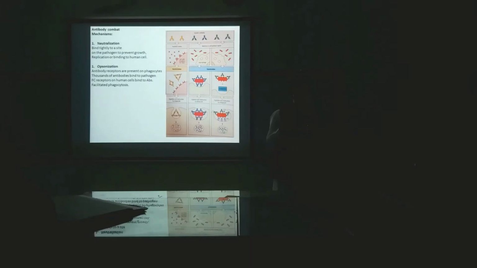This is just telling you about specificity: the green is not going to bind to the other pathogen, which is bound with the blue antibodies. And the blue antibodies are not going to recognize the bacterium on the right side. So for each and every pathogen, there is going to be a specific antibody recognizing that particular pathogen.